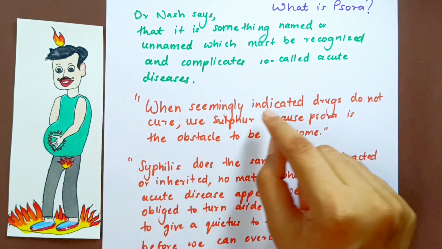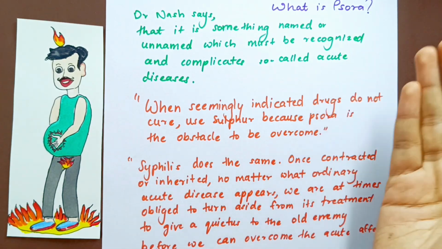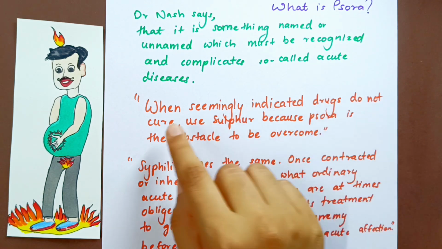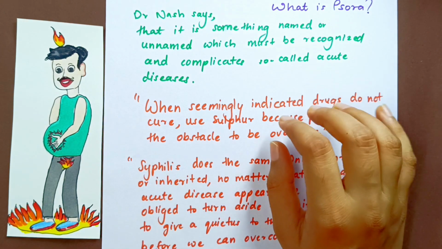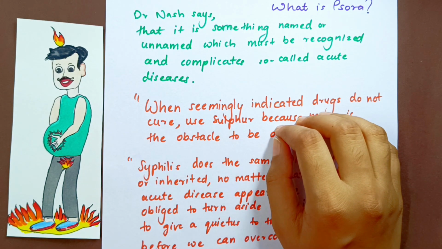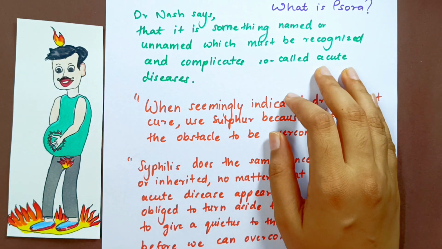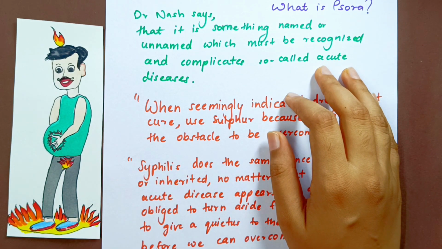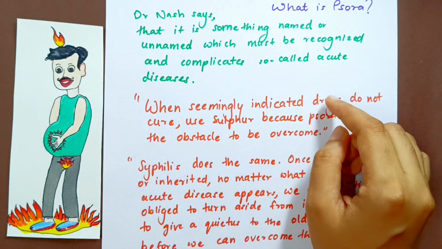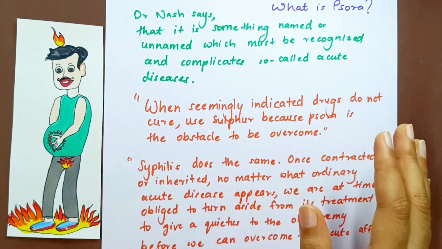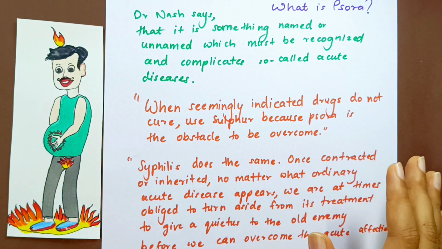So that is your seemingly indicated remedy because it seems to be indicated in that case. So that seemingly indicated drug does not cure. Although you have seen that this patient that came to you had all the symptoms which were peculiarly present in your remedy, that is pulsatilla, suppose. Okay, and you gave pulsatilla to that patient, but it is not curing. Still it is not helping.